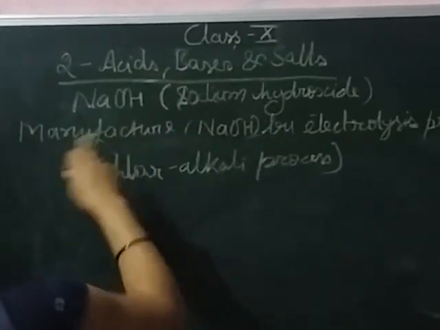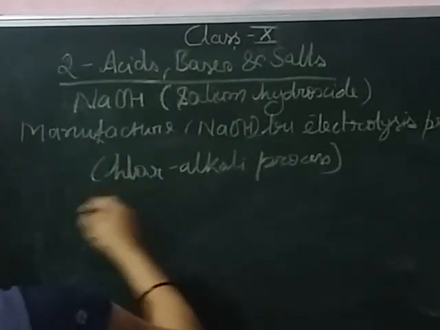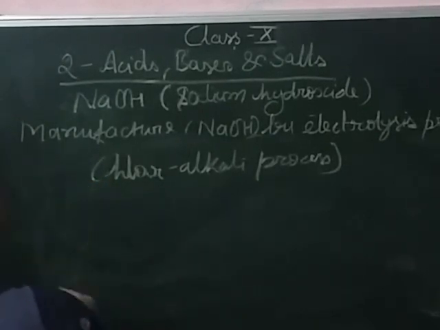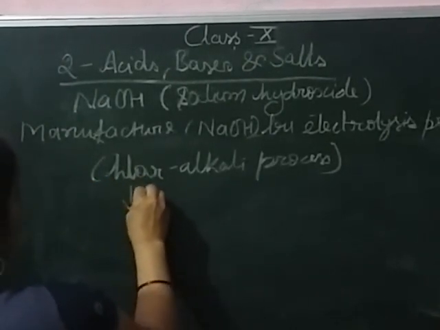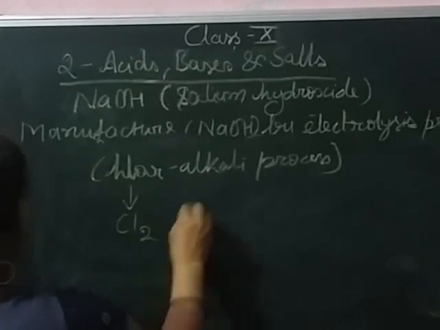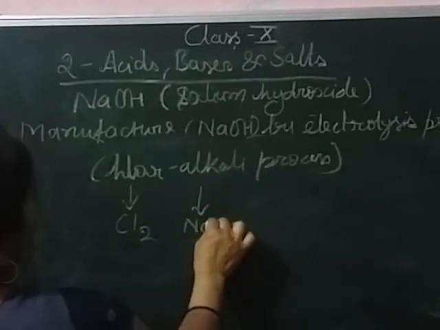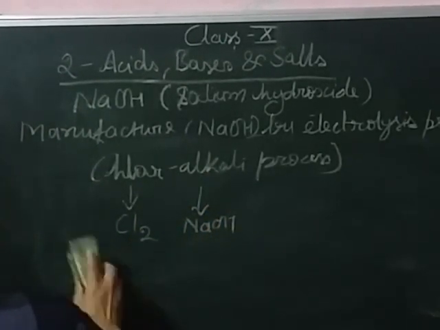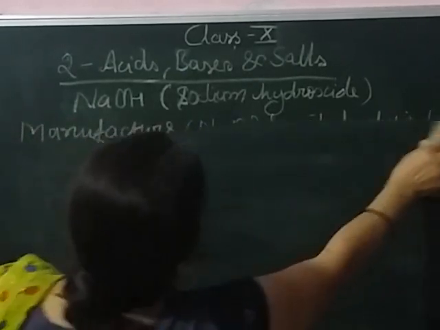The electrolysis of NaCl is called the chlor-alkali process because chlorine is released during the electrolysis process and the alkali NaOH is also formed during the chemical reaction. That's why it is the chlor-alkali process.